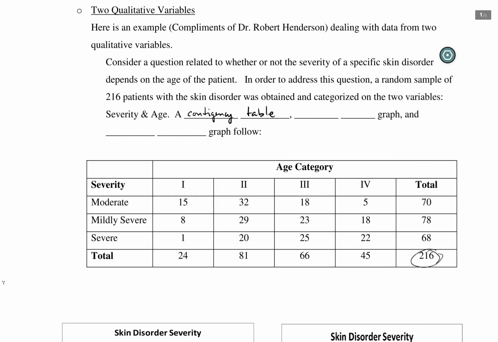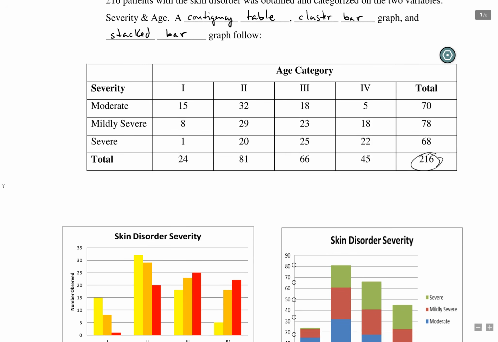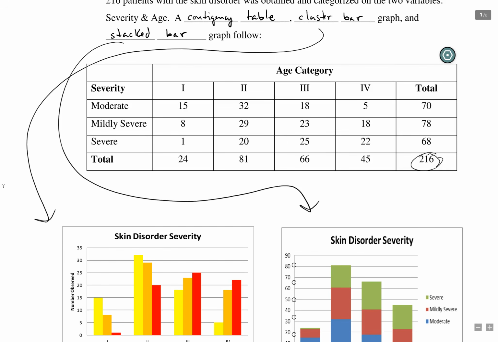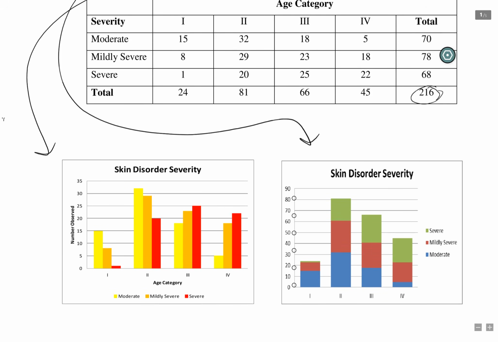We can graphically represent this in a couple of ways. One, in what's called a cluster bar graph, and also what's called a stacked bar graph. Okay, so a cluster bar graph is right here, and a stacked bar graph is right here. So let's take a look at these.